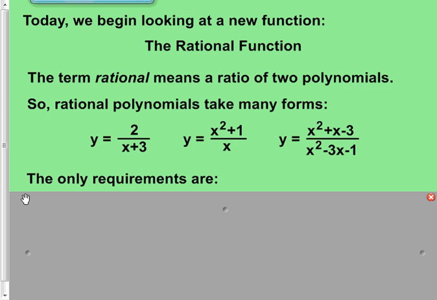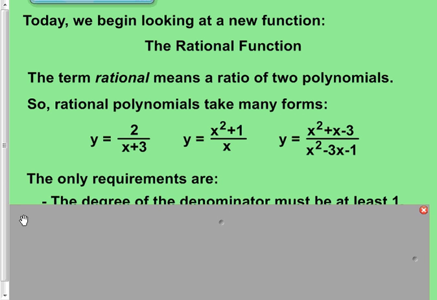Now, there are a couple of requirements that a function must meet in order to be considered rational. There are a couple of restrictions on the denominator, and one of them is that the denominator must have a degree of at least 1. In plain English, what that means is there must be a variable.